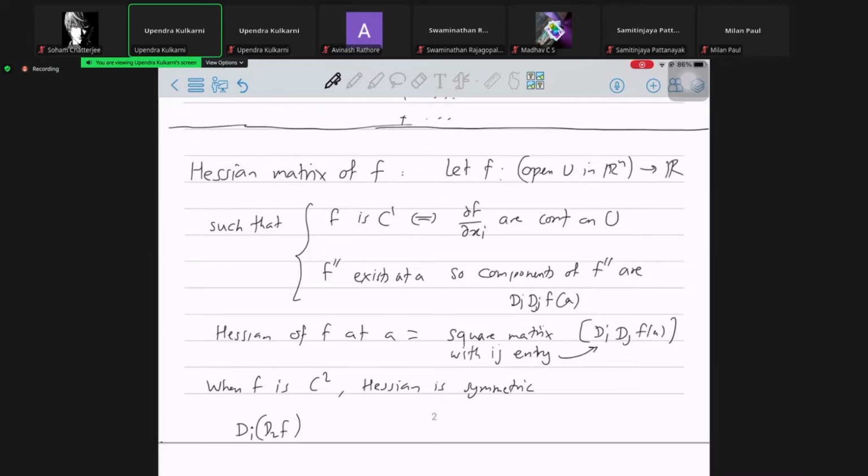So D2 f has to be differentiable in every single direction. But that does not necessarily mean that the function D2 f as a multivariable function needs to be a continuous function. Is that what you're saying? Yes, sir. Right.